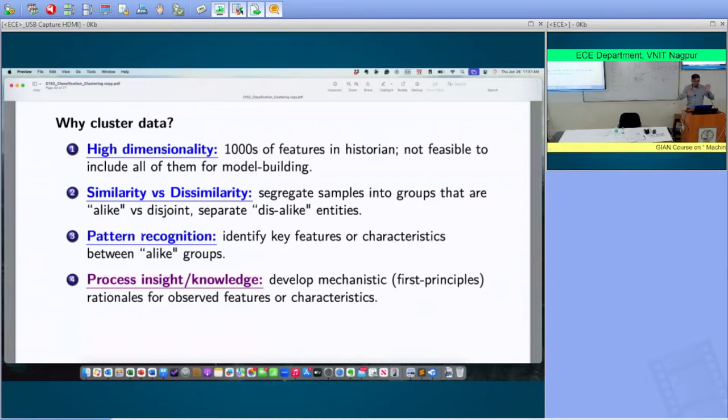So there are problems where you want to do this. And in pattern recognition, we also want to identify key features or characteristics between groups that are alike. These clusters can also sometimes provide process insight or knowledge. You can develop mechanistic rationales for what you're seeing in your data set.